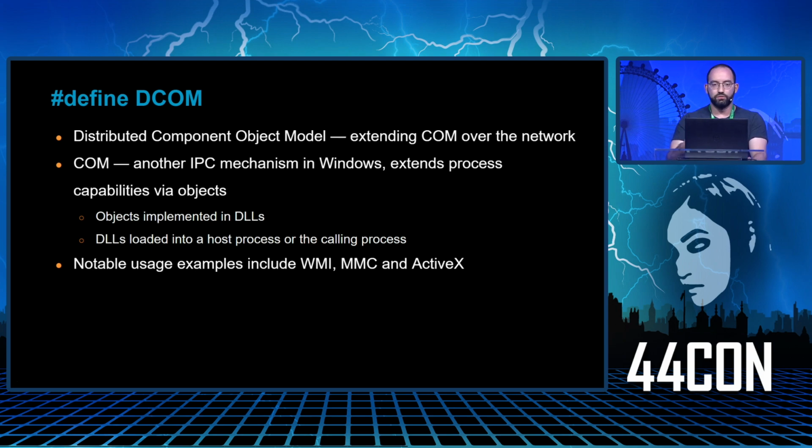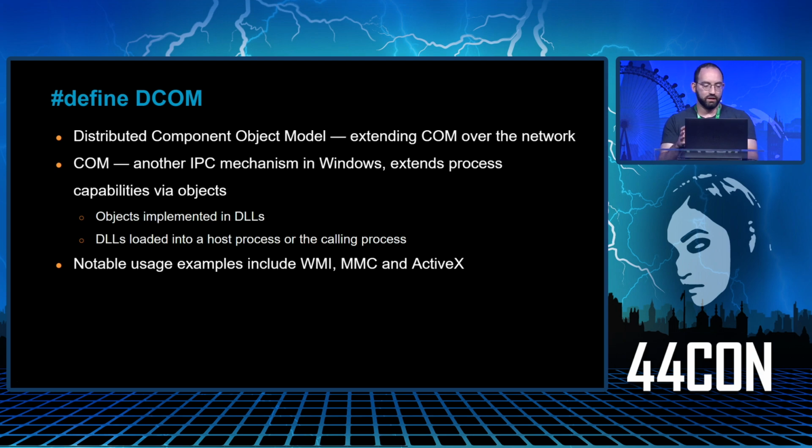Basically, COM is another form of inter-process communication, but instead of creating a server function that exposes capabilities, COM has it in the form of class objects. So we can define a class object, register it with Windows, and then when you need to, just load that object into your process and use it.